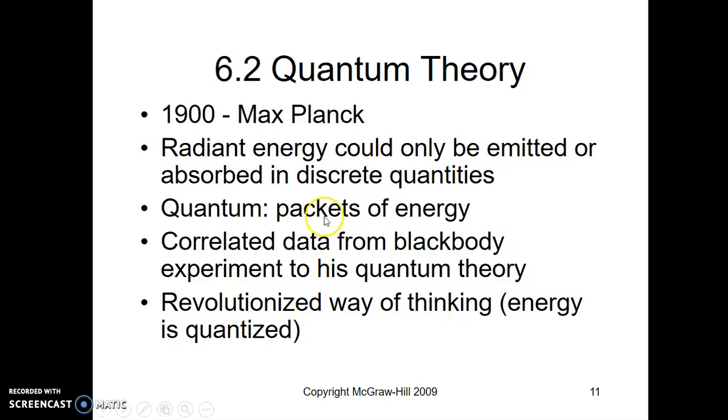This was discovered in the 1900s by Max Planck. He discovered that radiant energy could only be emitted or absorbed in discrete quantities, meaning very small packets of energy. He did this with a black body experiment, and it was huge. It revolutionized the way of thinking about how energy is in smaller pockets.